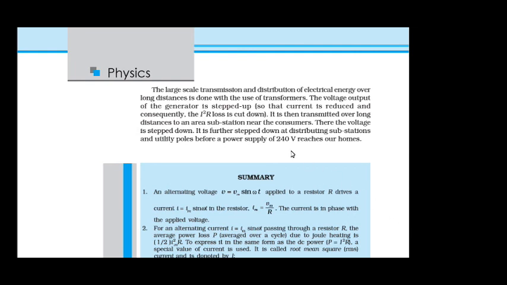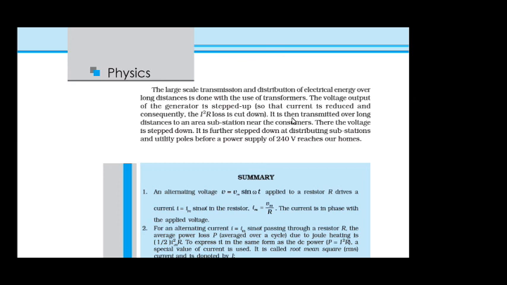The large-scale transmission and distribution of electrical energy over long distances is done by the use of transformers. The voltage output of the transformer is stepped up, so the current is reduced and consequently the I square R loss is cut down.